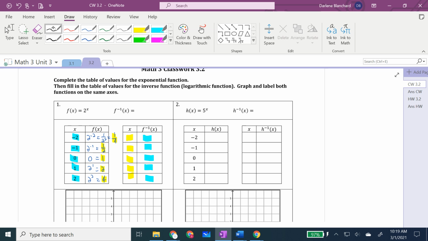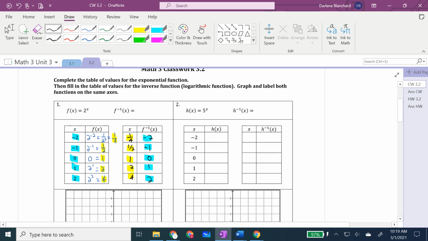So that means that when x is 1/4, f inverse is negative 2. When x is 1/2, f inverse is negative 1. And now I'm just going to write 0, 1, 2. There we go.